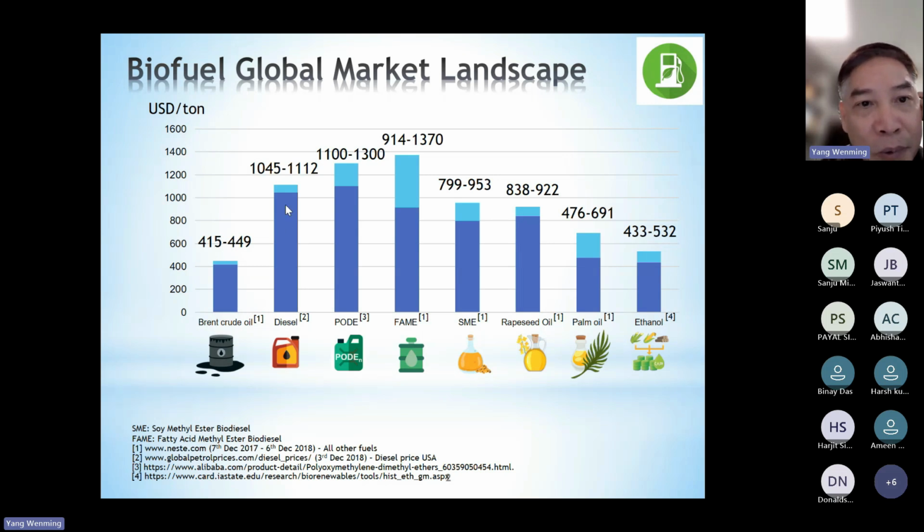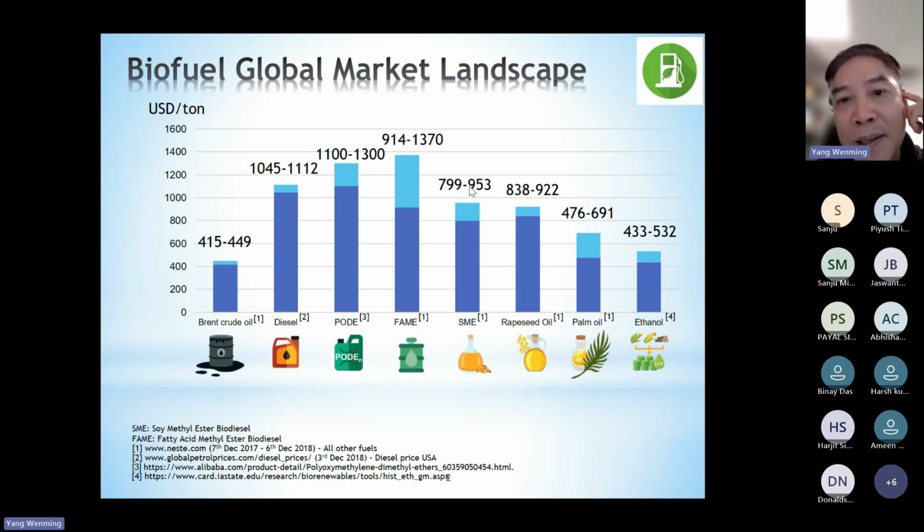And the diesel fuel price is about 1,045 to 1,112 US dollars per ton. And the POD, by mass production, the price is about 1,100 to 1,300 US dollars per ton. And the AME, the price is from 914 to 1,370.